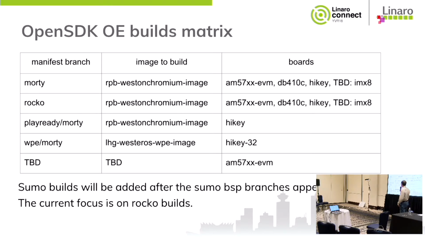And the last one is the build which has Westeros and WPE instead of Weston and Chromium. It only supports 32-bit targets, so that's why it's only for Hikey 32-bit.